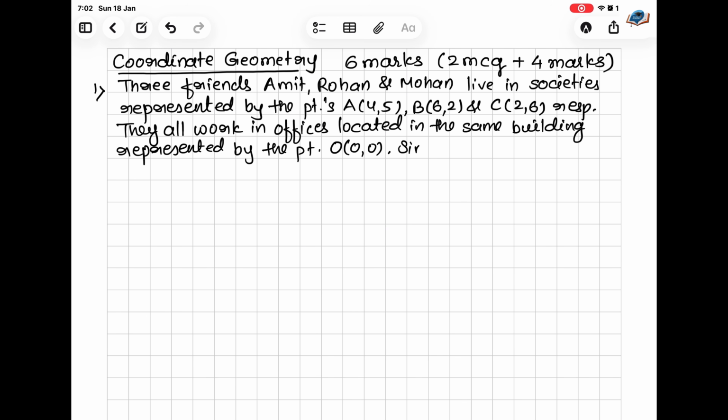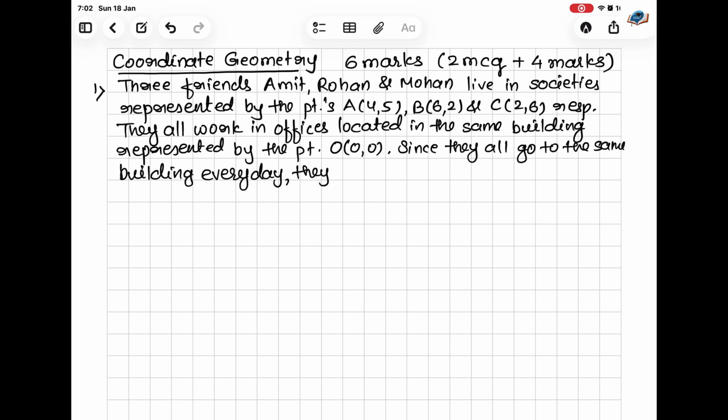Since they all go to the same building every day, they decided to do car pooling, that is sharing of car to save money on petrol.